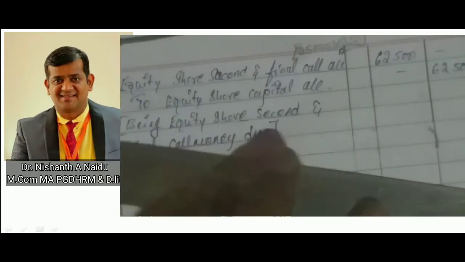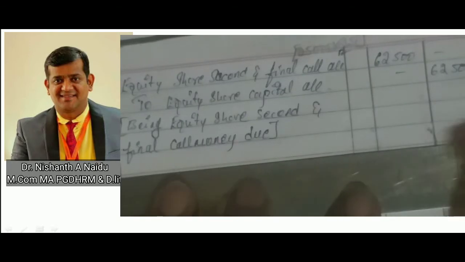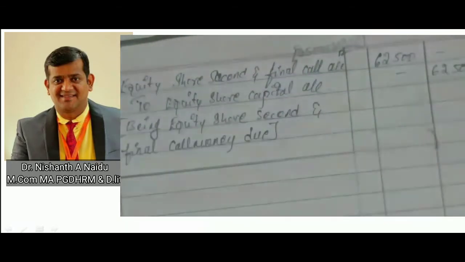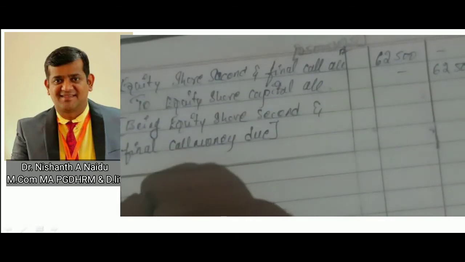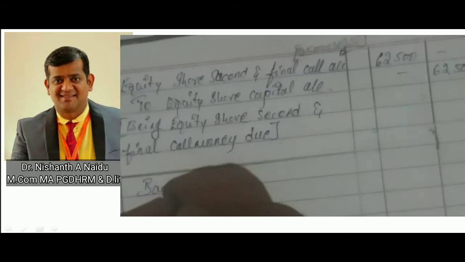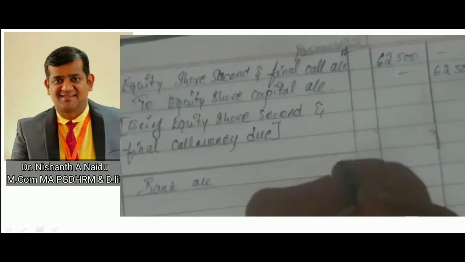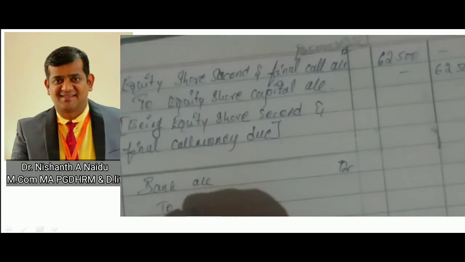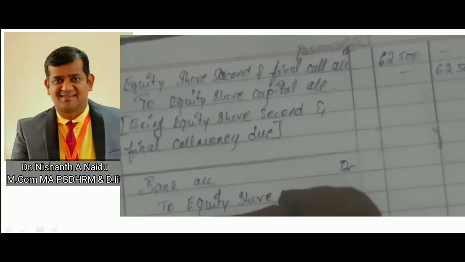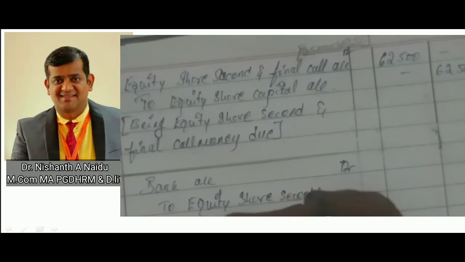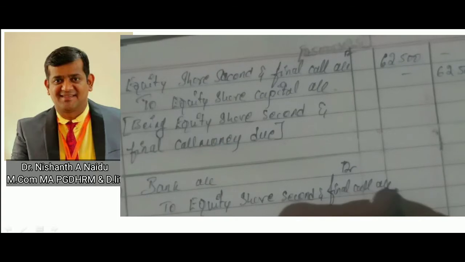Done. I'm closing this journal entry, and the last entry is going to be our receive entry, the eighth entry. That is going to be bank account debtor to equity share second and final call account.